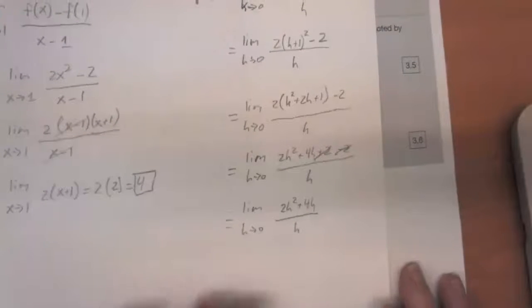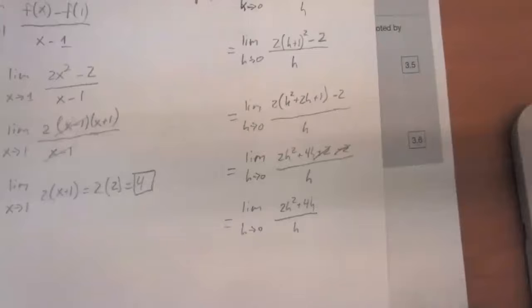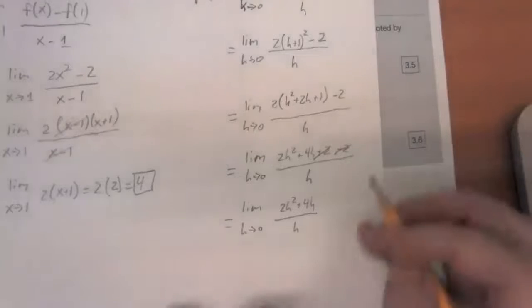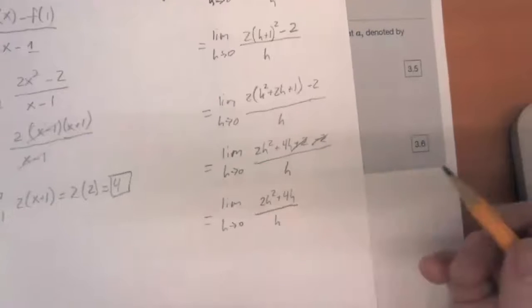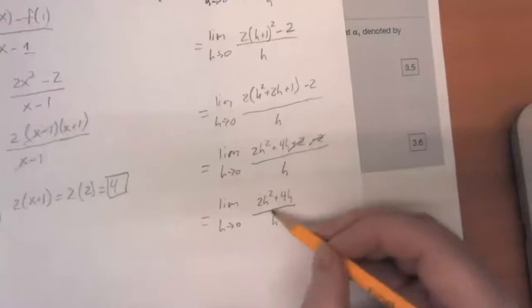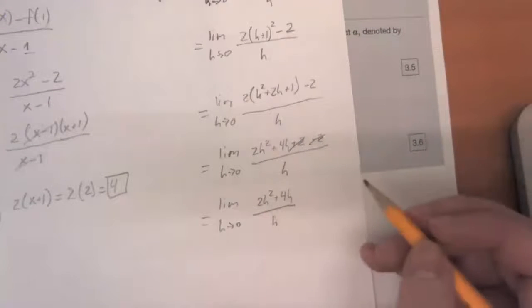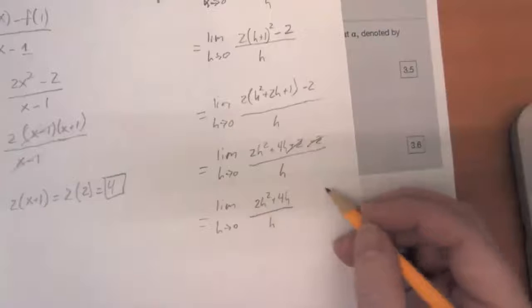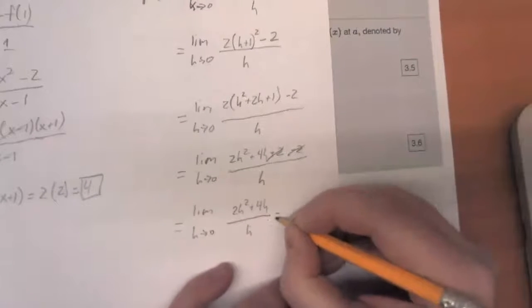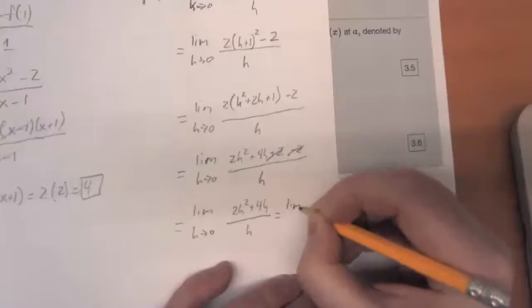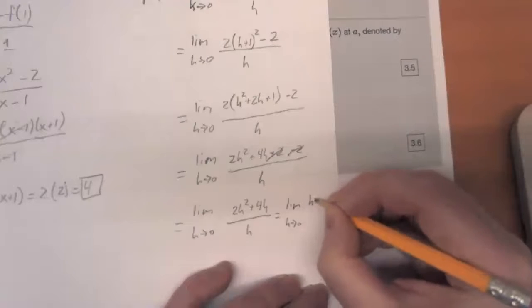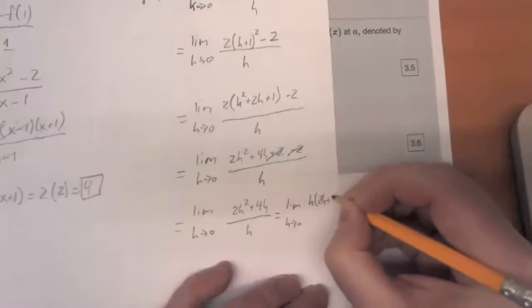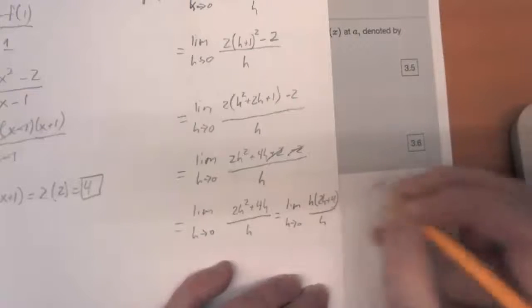And what you'll see, you can do this in 2 steps if you want to, or you can just do it in a single step. Notice that both of the terms in the numerator have a factor of h in it. So I could just cancel out this h from both of those. If you want to make an extra step as you're writing out your work, you can write this as h times 2h plus 4 over h.